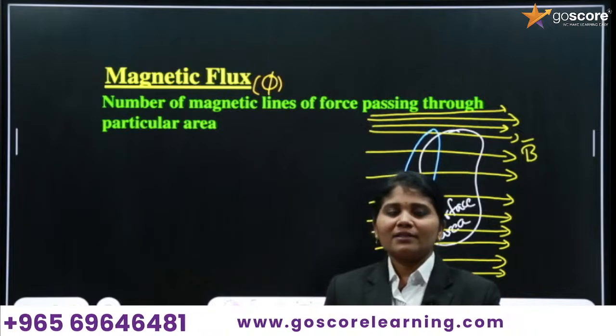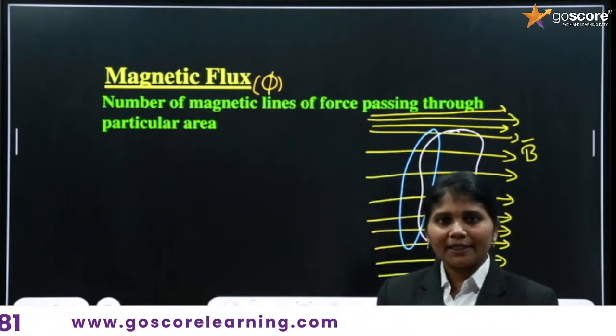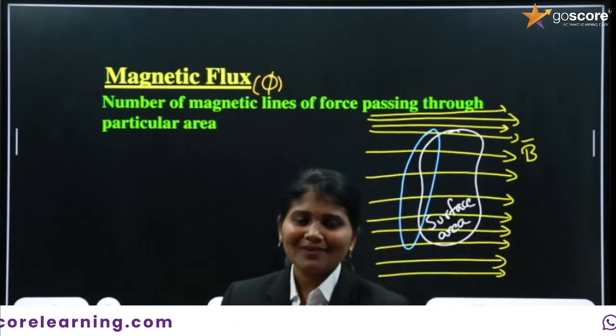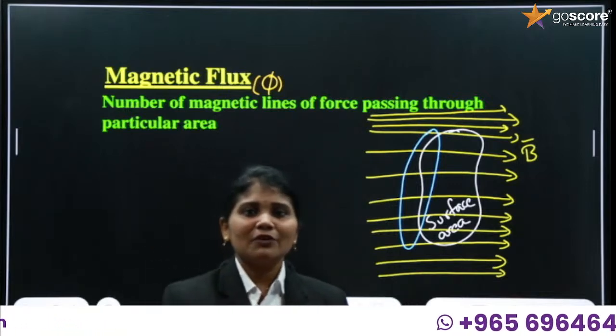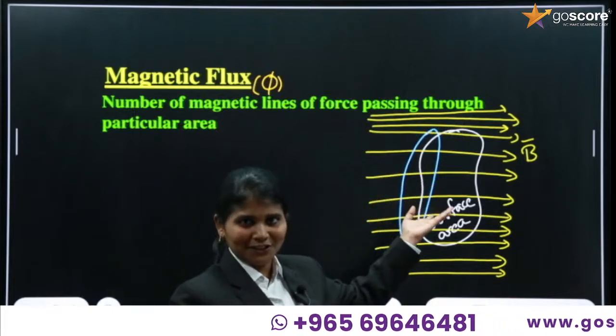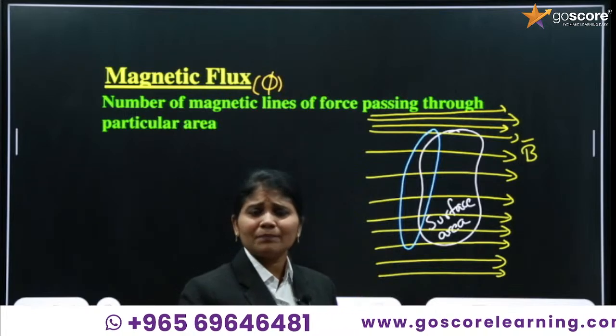That magnetic flux is indicated by phi. Then what is the formula? From the definition, what is the formula, guys? See what we are using here: magnetic field, surface area. From this only we are getting the equation. Simple.